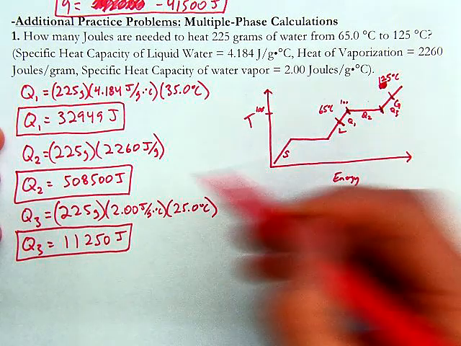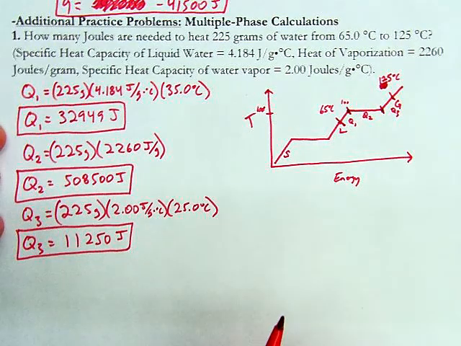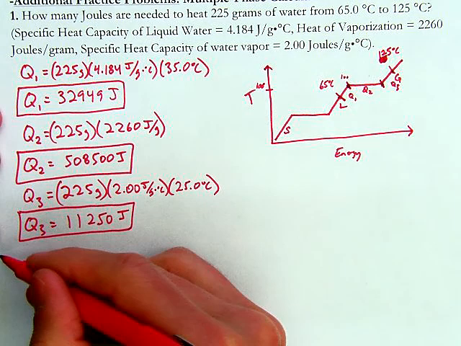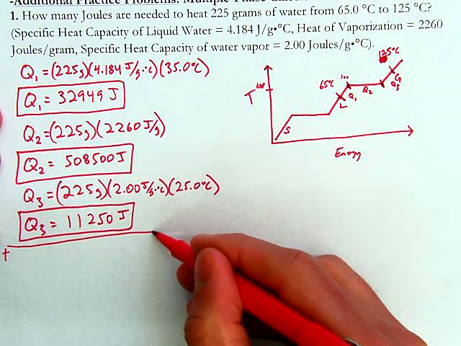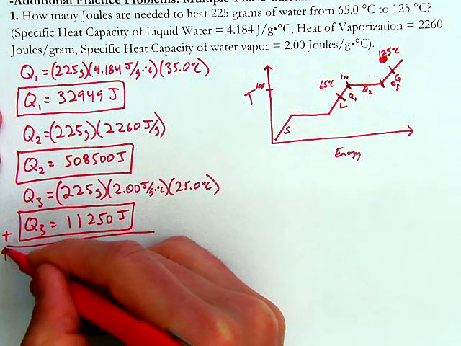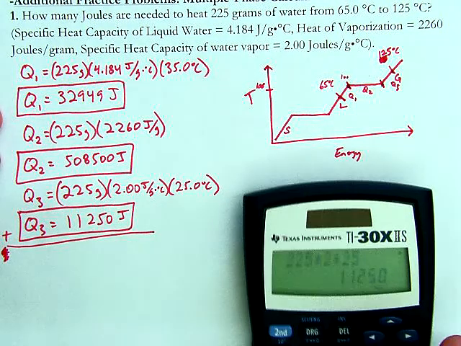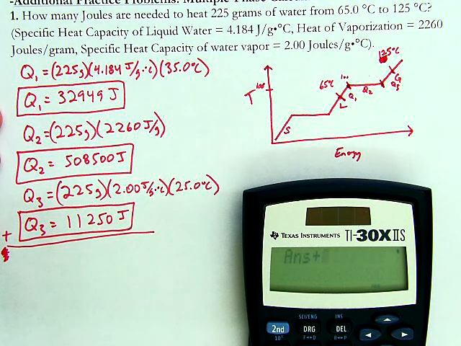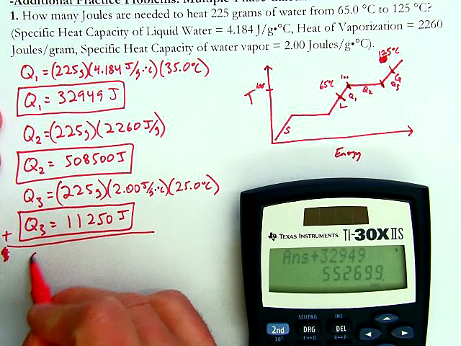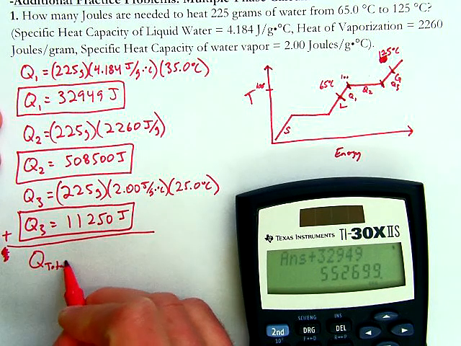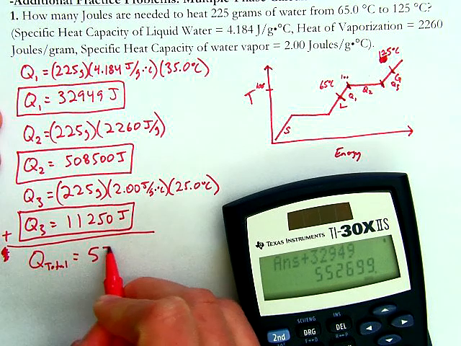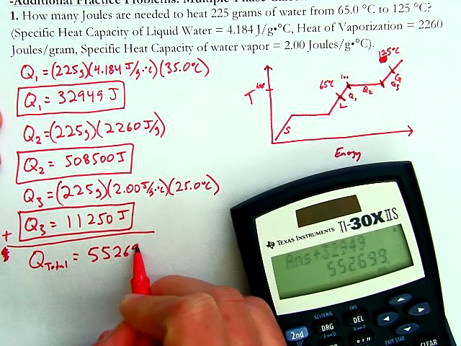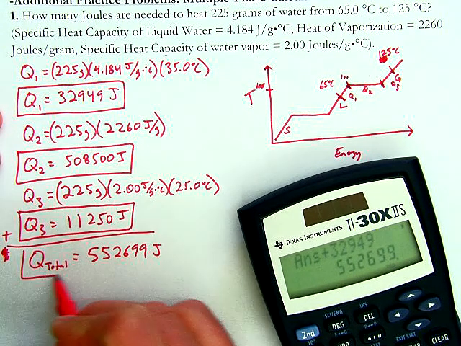You have to add these all together, and if you do, you get the total Q. I'm just going to add these together: 11250 plus 508500 plus 32949, and I'll write total down here: 552,699 joules.